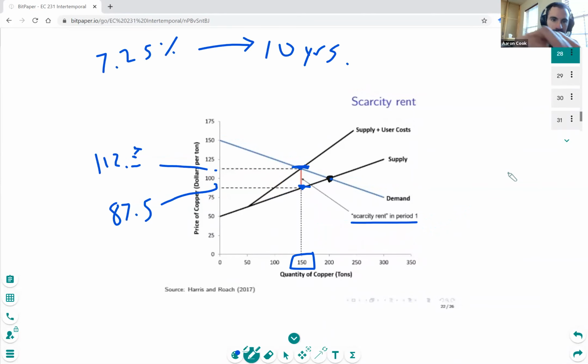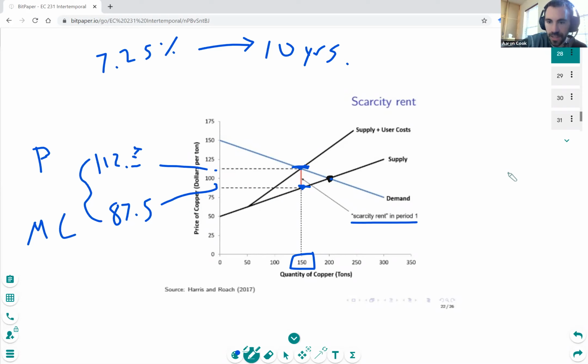We had scarcity rent, which was given by the gap between the price and marginal cost. And it's relatively small. I mean, it's smaller in period one, that scarcity rent.